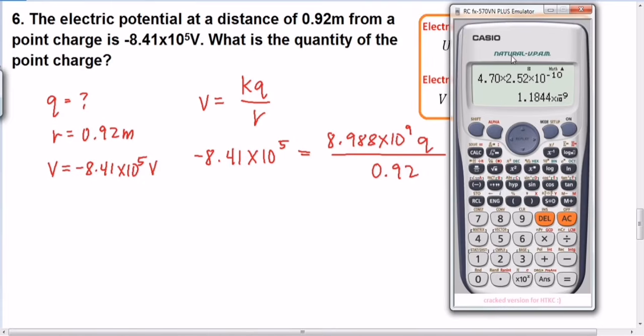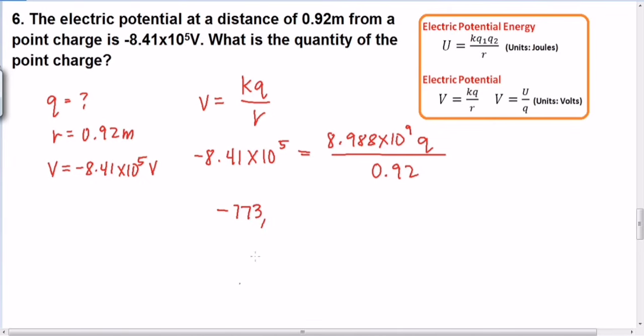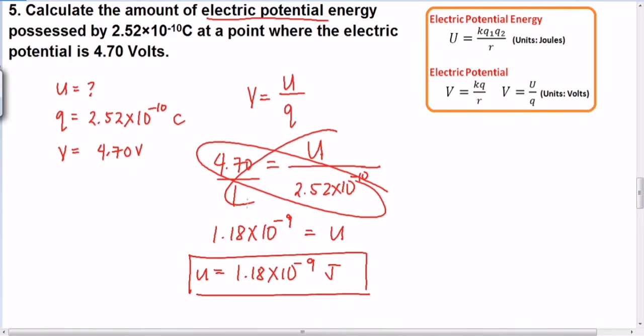Okay, so we will have negative 8.41 times 10 raised to 5 times 0.92. So the answer is negative 773,720 is equal to 8.988 times 10 raised to 9Q. So, paano ba mahahanap si Q? Kanina kasi guys, nakadiretso siya, U lang siya.